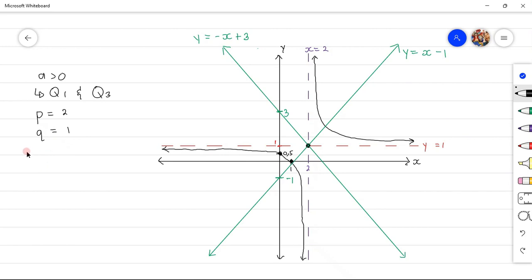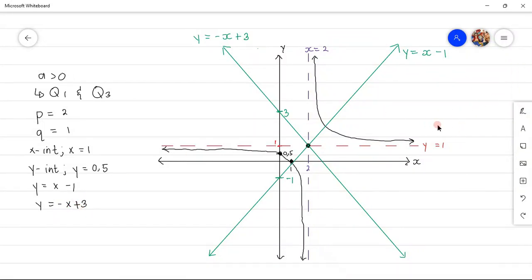We have our x and y intercepts. So the x-intercept has an x value of 1. Our y-intercept has a y value of 0,5. And we've got two axes of symmetry equations, which are represented by y equals x minus 1 and y equals negative x plus 3. So that is all the information that we have now drawn.